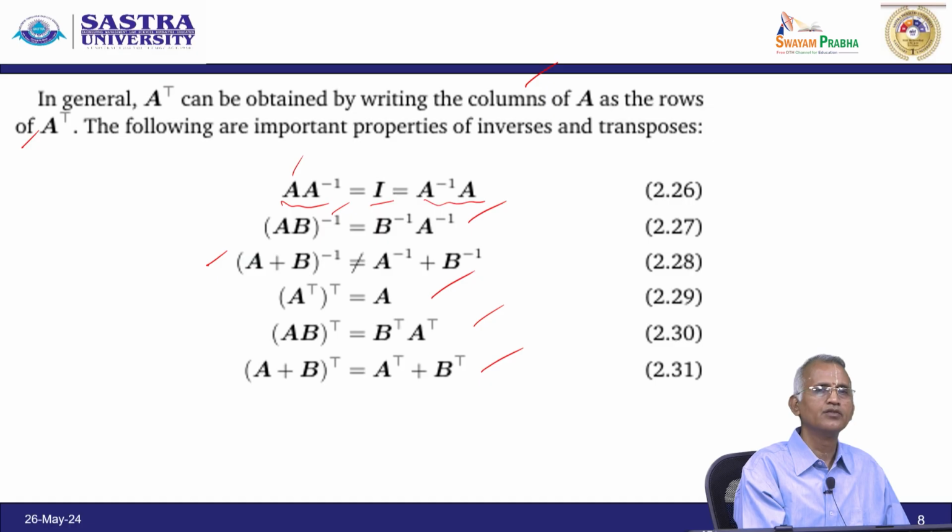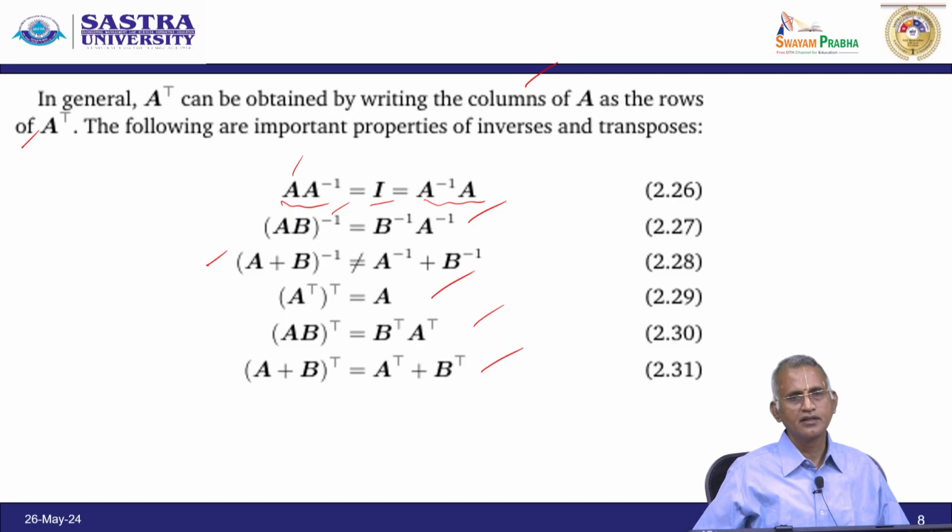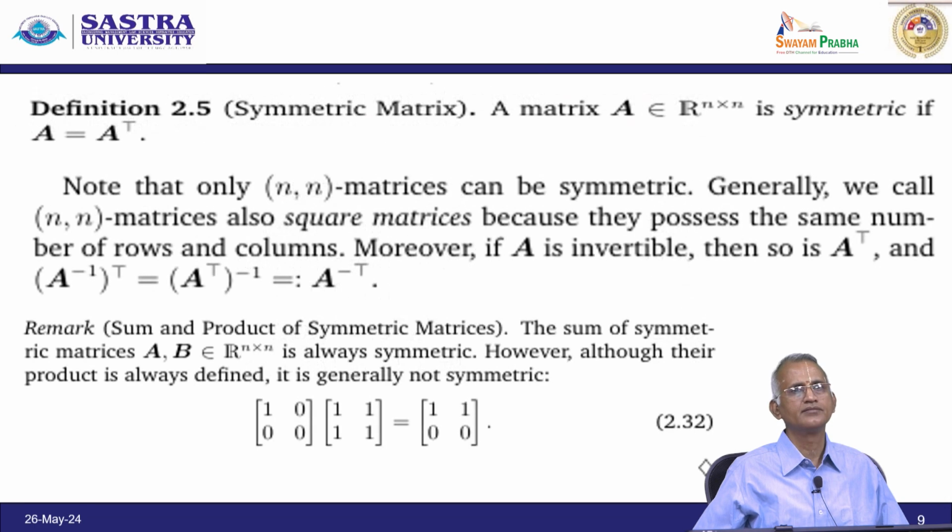Carefully handle inverse and transpose. For the transpose, the addition of two matrices can be split up independently. Whereas if you take two matrices A and B, add them, and find the inverse, it is definitely not equal to their independent inverses. That is the inference you have to learn from the properties of inverse and transpose of a matrix.